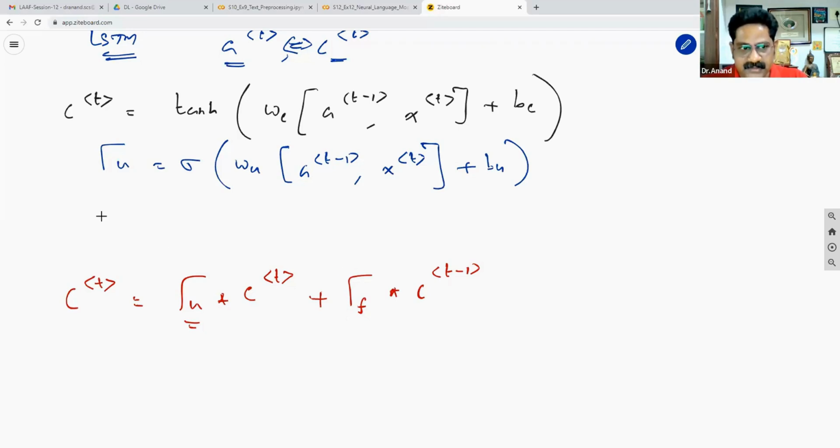And I have to define this, right? So we have another gate called the forget gate. Again, the forget gate is defined as a sigmoidal function.